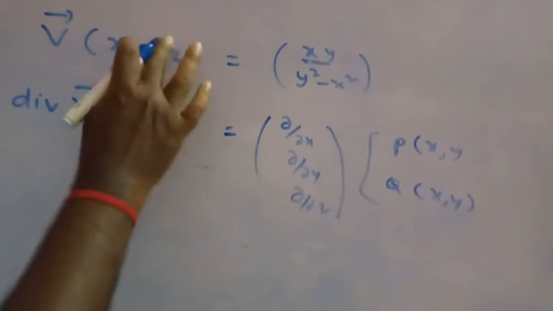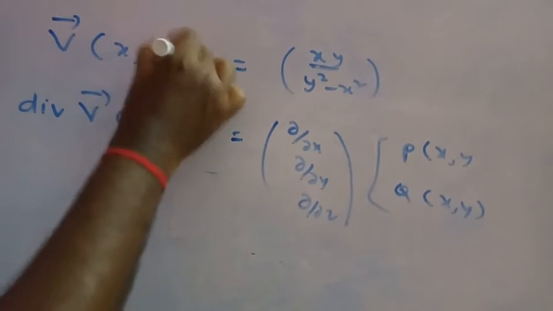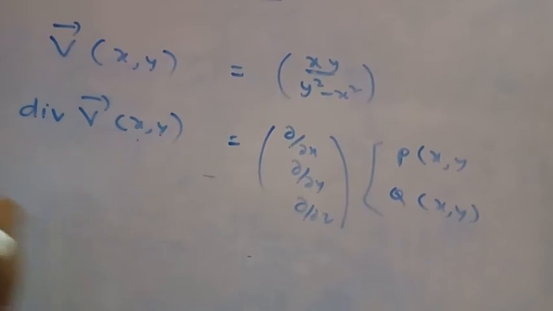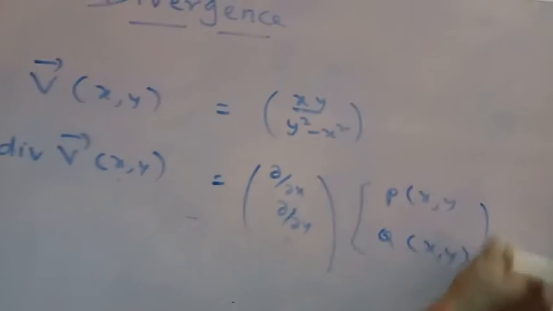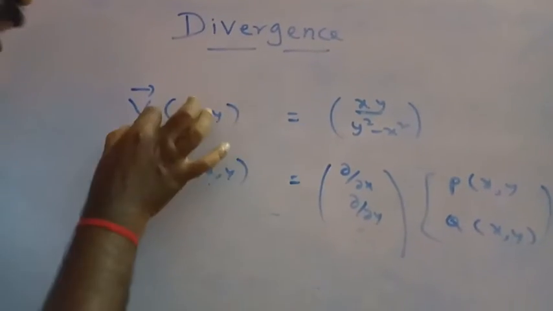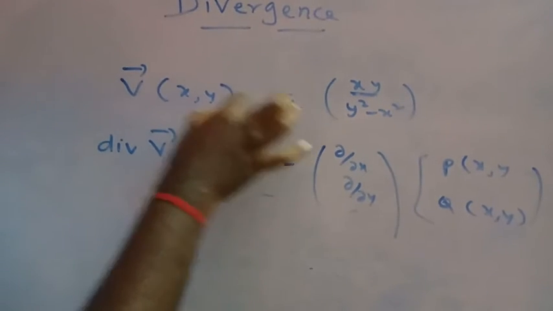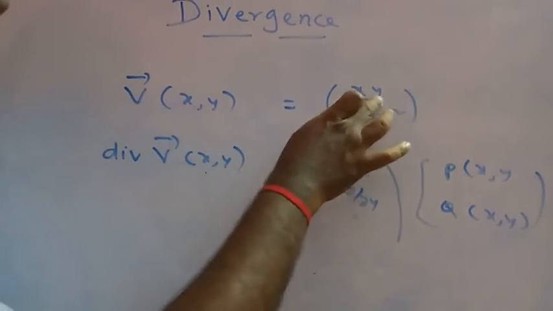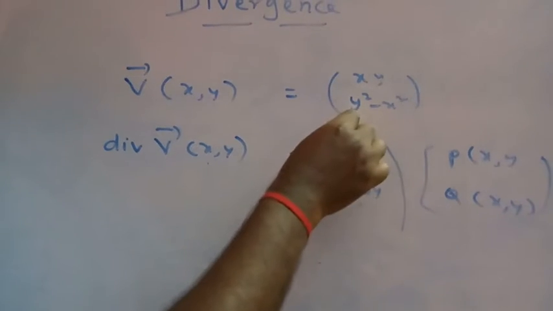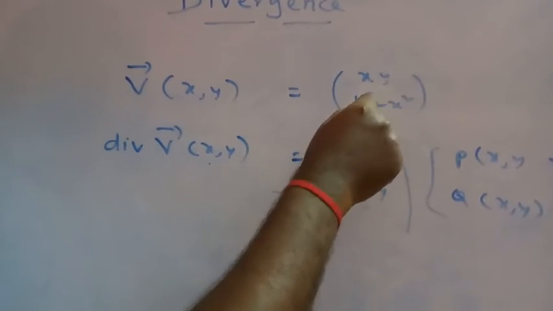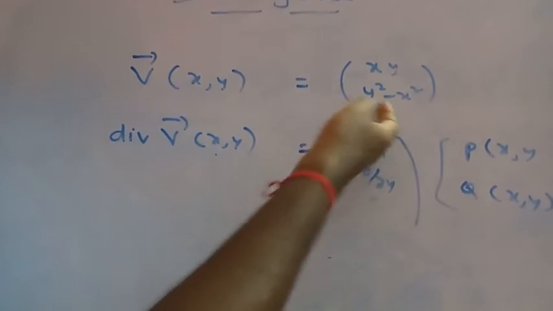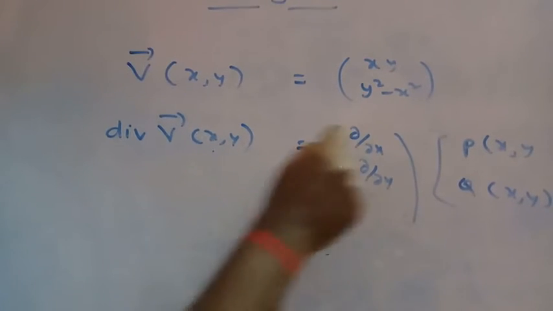Here two quantities are given, so two dimensions is enough. If three quantities are given, you can write three quantities. So this is a vector, the fluid's vector, whose velocity along the x and y axes is represented in matrix form as xy and y squared minus x squared.